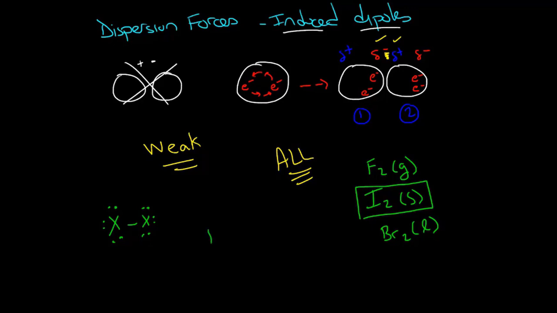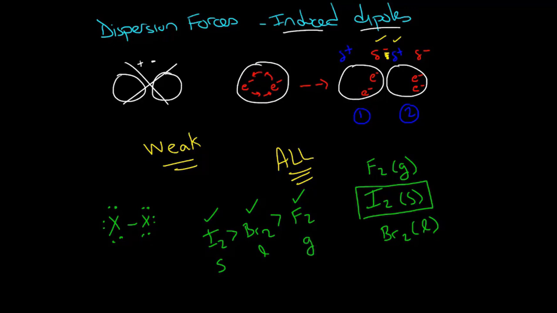Iodine is a larger molecule than bromine, which is a larger molecule than fluorine. So iodine experiences the strongest dispersion forces, bromine intermediate, and fluorine the weakest. This is purely based on the strength of dispersion forces, which is based on the size of the compound. Iodine's a solid, bromine's a liquid, fluorine is a gas.